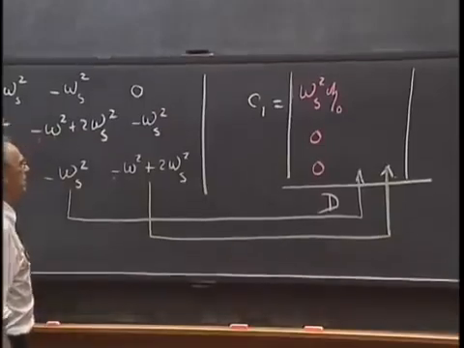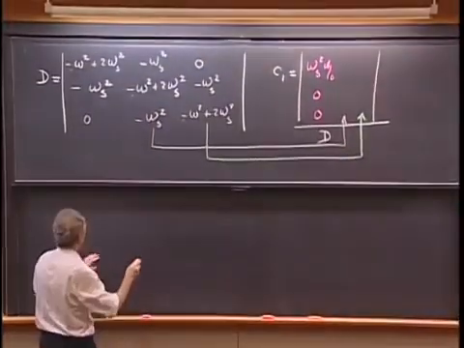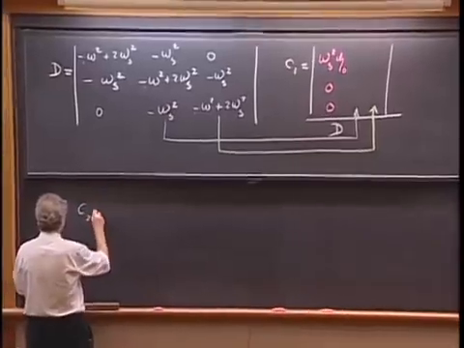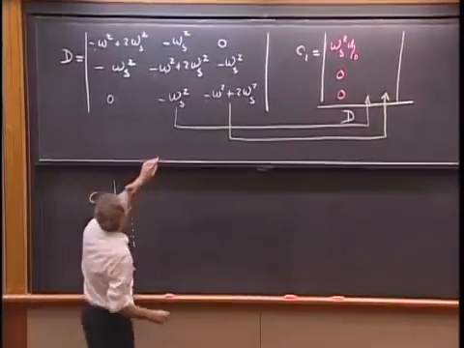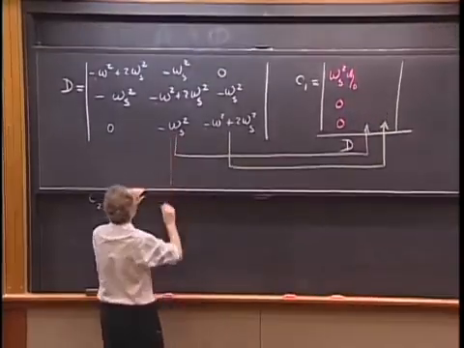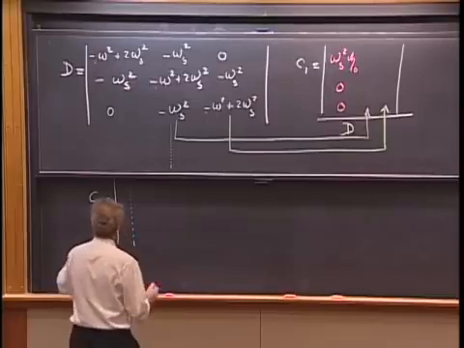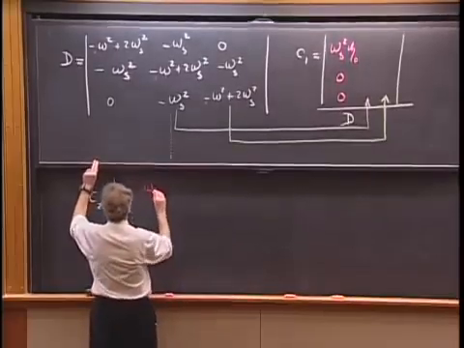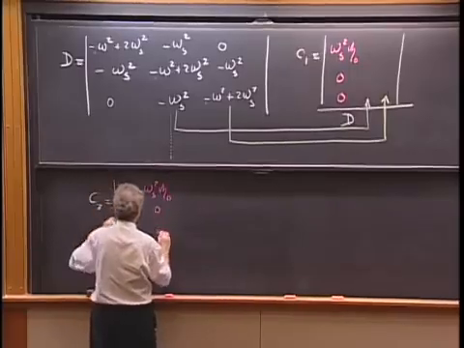And of course, I will only go one step further to go to C2, but that becomes a little boring now. For C2, you get this one, and then the second column, according to Cramer's rule, is going to be omega s squared eta 0, 0, 0.